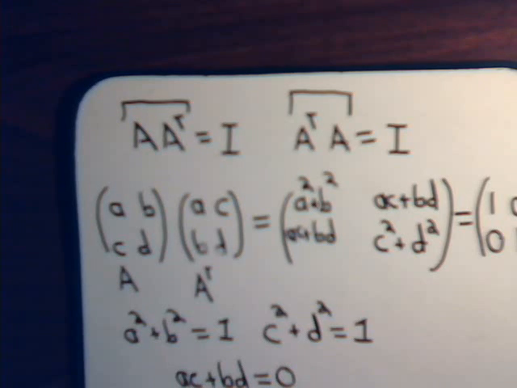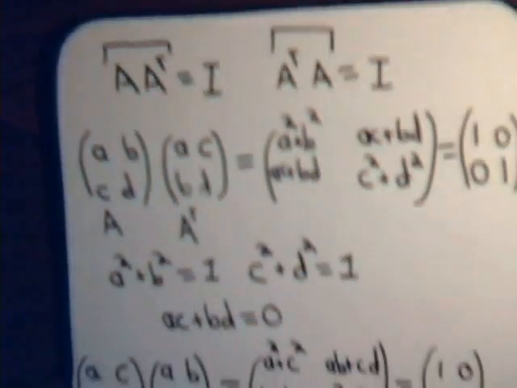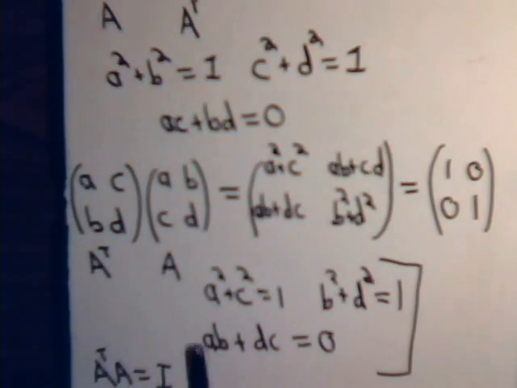Now, what we're going to do in the next video is remember these equations from the fact that the column vectors are orthonormal. And we're going to relate that to what we did in the previous video, video number 27.